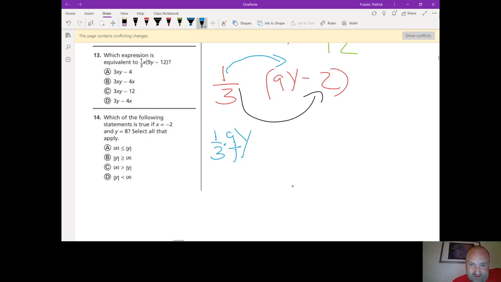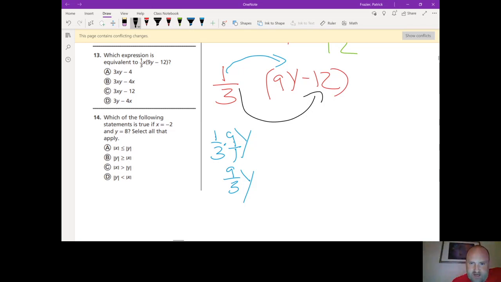We're just going to multiply those, and 3 times 1 is 3, and 1 times 9 is 9, so we have 9 over 3y, and then 1/3, let's switch to black, times negative 12. 1/3 times negative 12.